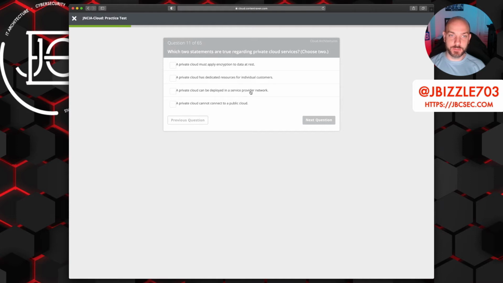I don't think that's going to be it. Private cloud cannot connect to a public cloud. So it's definitely not the second one. Private cloud can be deployed in a service provider network. I'm going to say no to that. So let's say a private cloud cannot connect to a public cloud, and private cloud must apply encryption at data rest.